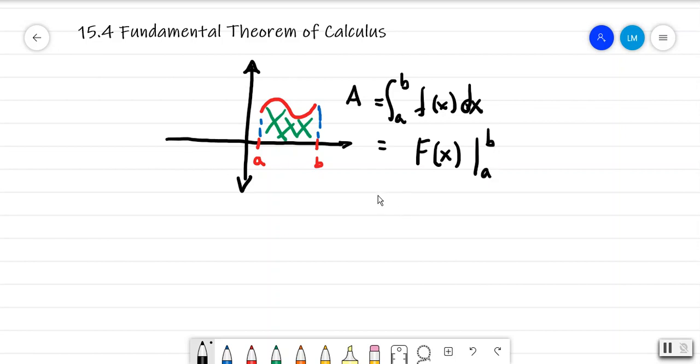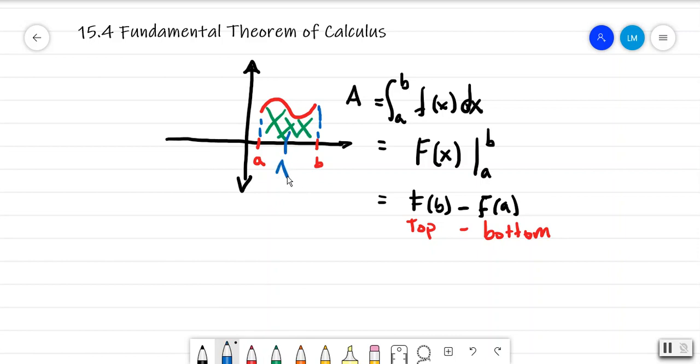The next step is to take F of b minus F of a. So in a sense, you have top minus bottom. And this, by the way, is the area that was calculated. So if we can just find the antiderivative of little f of x, that is what we said is the antiderivative.